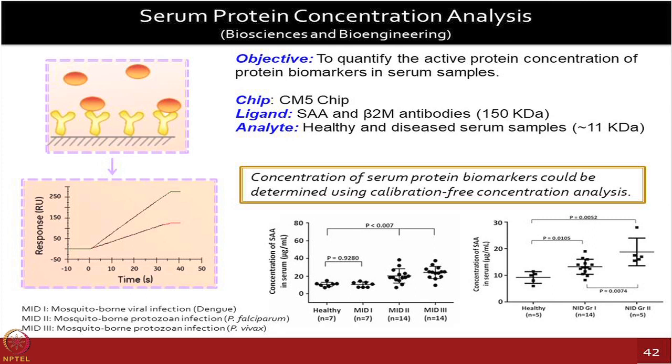To do that, some new assays were developed, which we termed concentration-free calibration analysis, or CFCA. This was one of the malaria projects, where we had patients suffering from either falciparum or vivax malaria or dengue fever, and we wanted to measure the level of one of the proteins, Serum Amyloid A, and see how the protein concentration differs in different conditions. Because we already had an idea about this protein from our discovery data set, we felt pretty confident that we could now measure it.